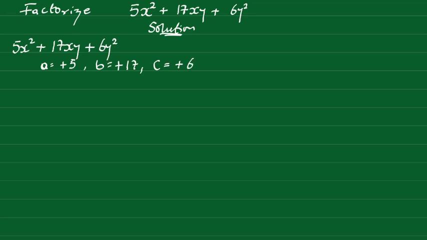Now we look for the value of AC, reason being that our value of a is not equal to 1. Therefore, our value for AC is equal to 5 times 6, and this will give us 30.